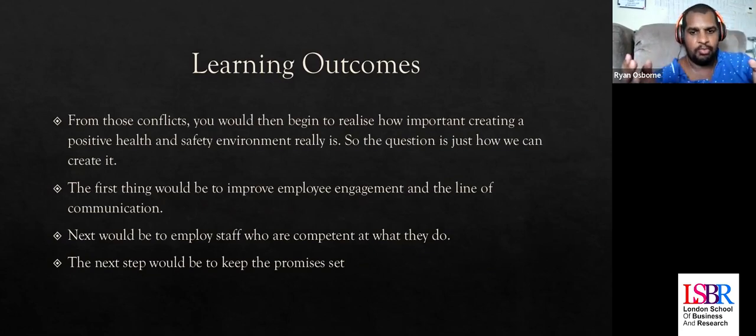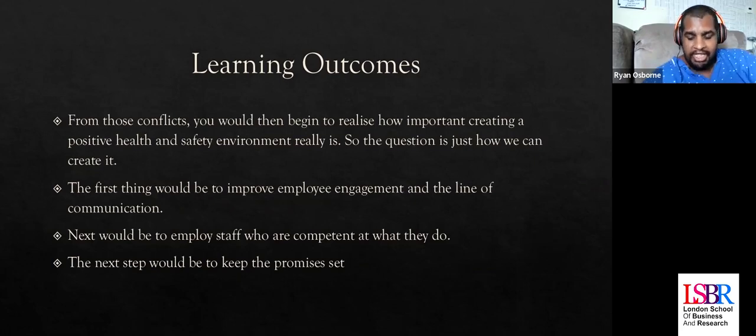Because there's one thing to be engaging with your employees, so you may talk to them on a regular basis, but how often do you communicate with your employees, with your workers, with your supervisors? How often are you talking to them? Because if you want to create a good positive environment, then engagement and communication is very, very key.